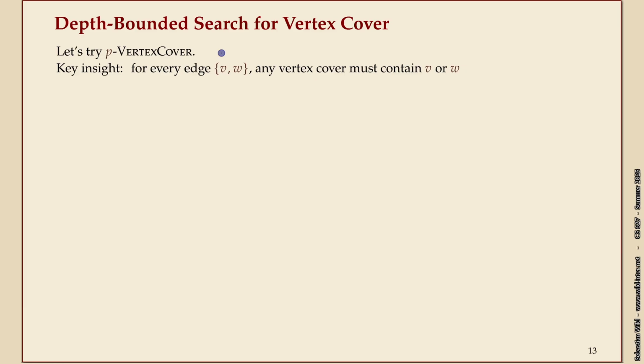And remember that the brute force solution for vertex cover had this running time where we go over all subsets of size k. So there was a polynomial part for checking, but the key component was this.